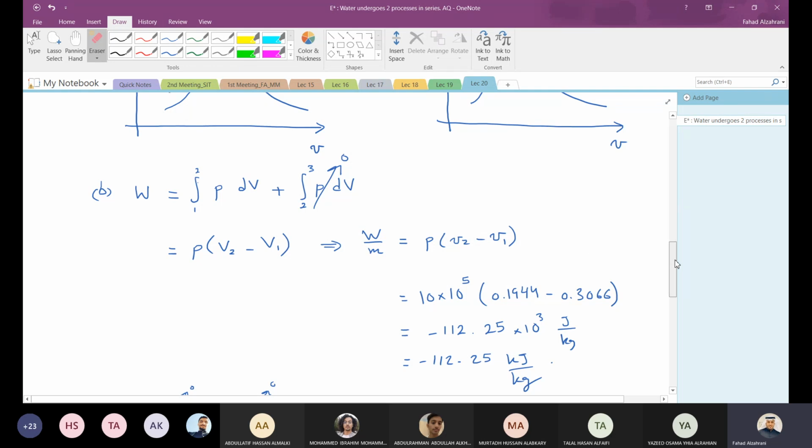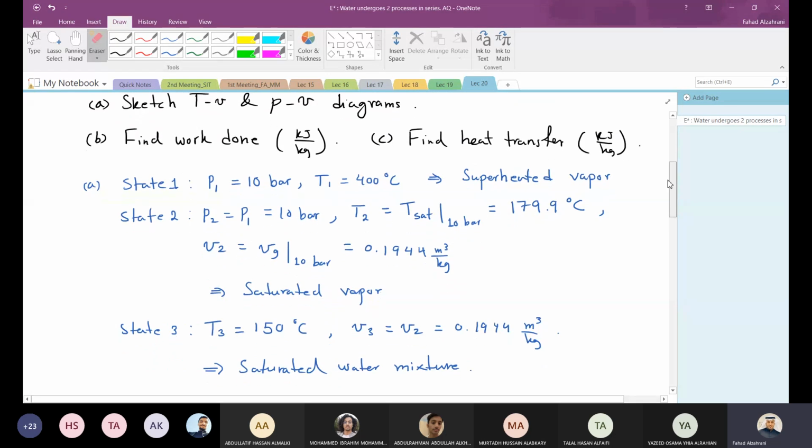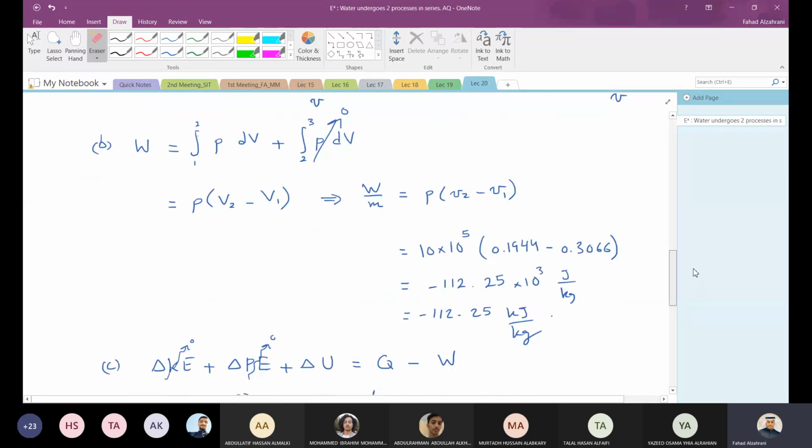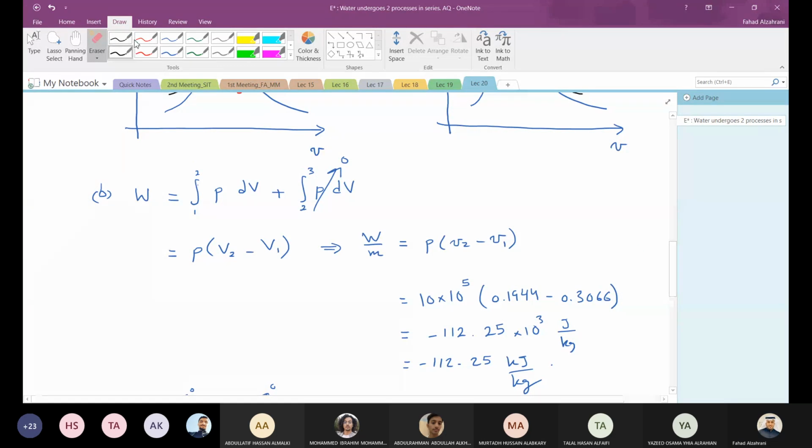So let's go next to the second problem, which is now the last one: evaluate the heat transfer. So now I have the work. How can I evaluate the heat transfer? First law of thermodynamics. So we apply the first law of thermodynamics.